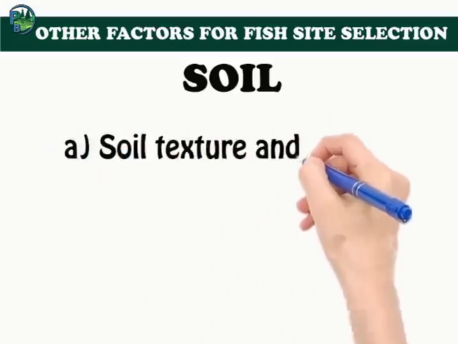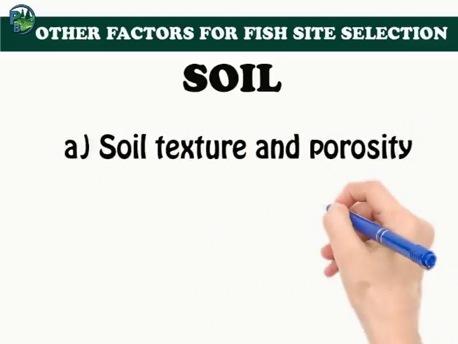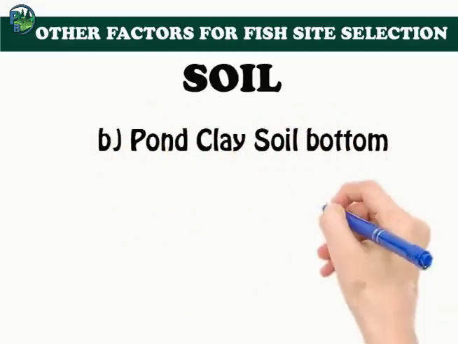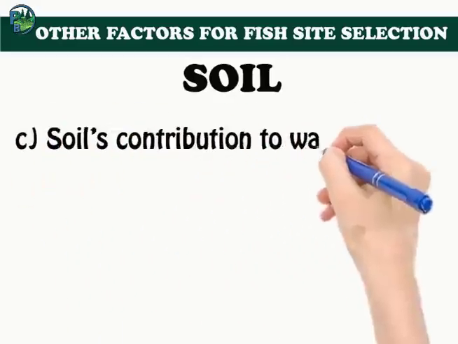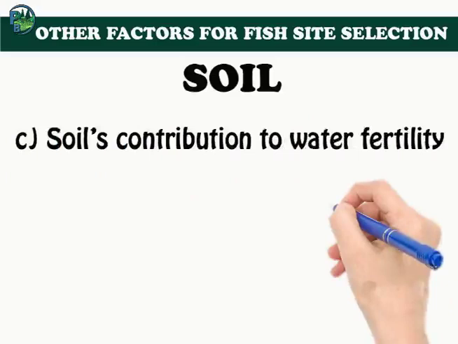A. Soil texture and porosity or permeability, that is, the ability to let water pass through, must be considered. B. The pond bottom must be able to hold water, for instance, clay soil at the bottom. C. Soil should also contribute to the fertility of the water by providing nutrients.